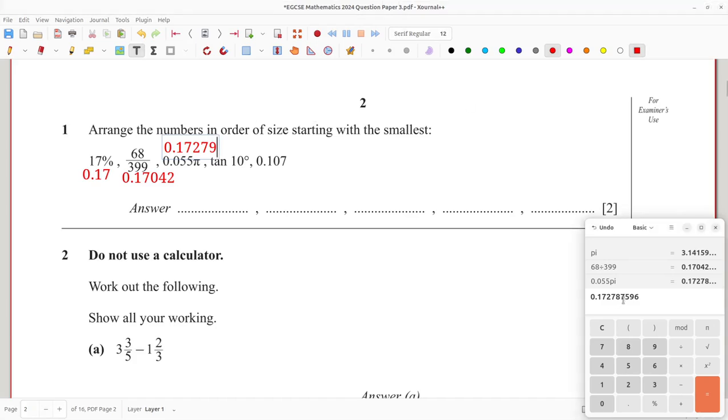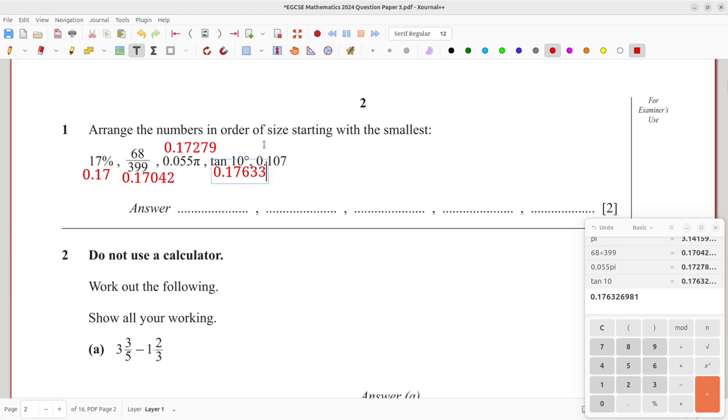The next number, it's tan 10 degrees. It's giving us 0.1763, maybe 3. Just round it off. The last one, it's obvious, that's 0.107.